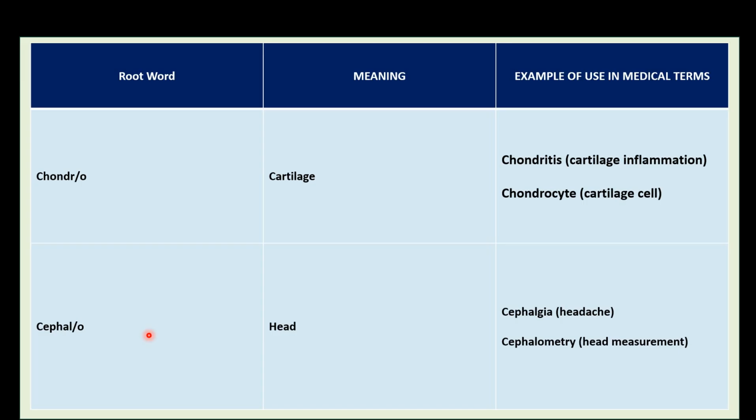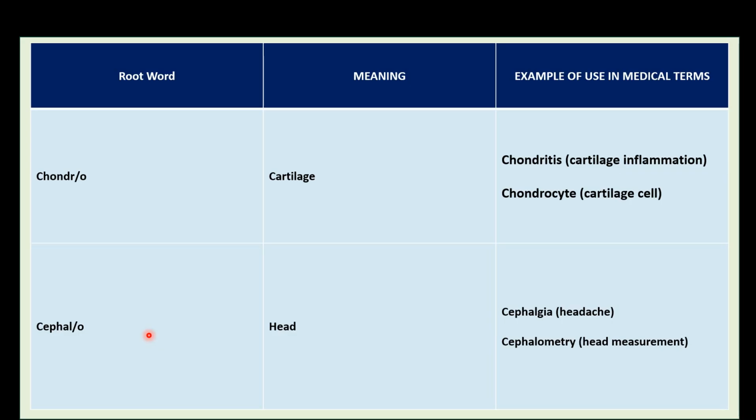In medical terminology you will find this keyword for headache, that is cephalalgia. Then we have cephalometry. Cephalometry means head measurement. So for any medical reason, if the doctor performs the measurement of the head, then we will use the terminology cephalometry.